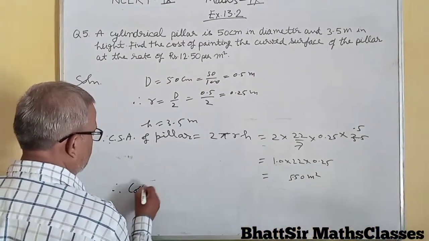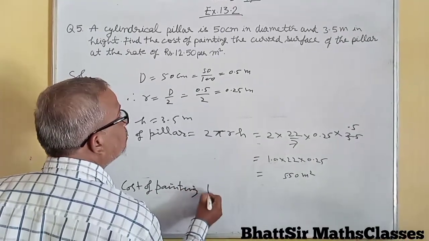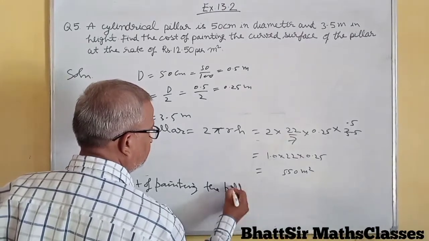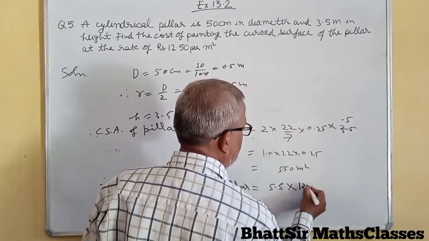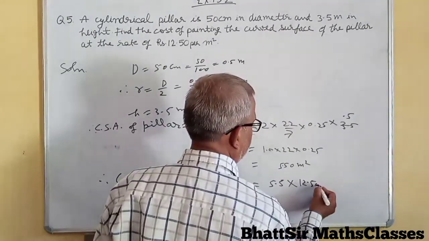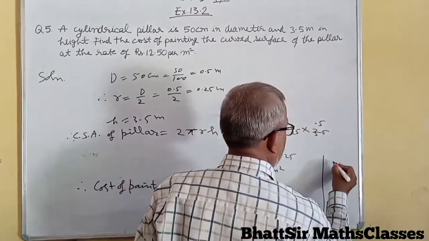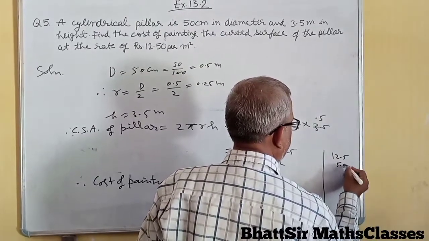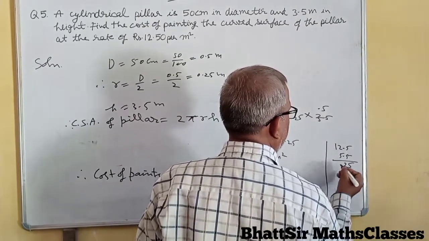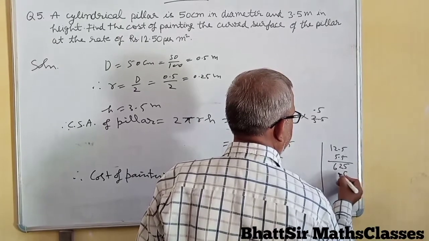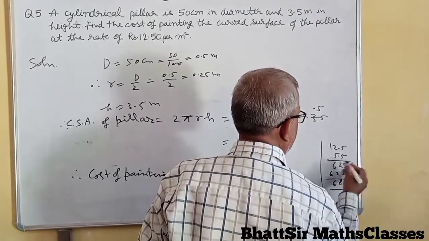So therefore cost of painting the pillar equal to 5.5 into 12.5, equal to 12.5 into 5.5, 5 5 is 25, carry over 2, 5 is 10, 2 carry 1, 5 1 6, 5 2 6, 5 7 6 to 8 6, 1 2.